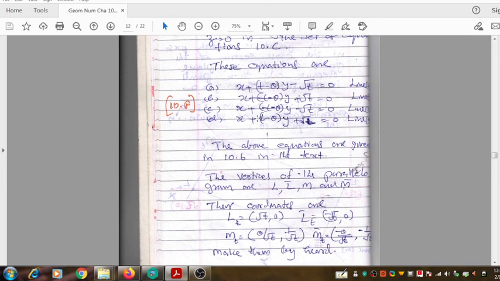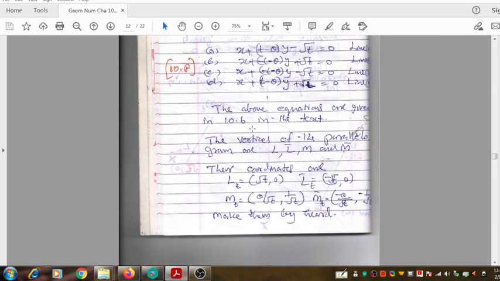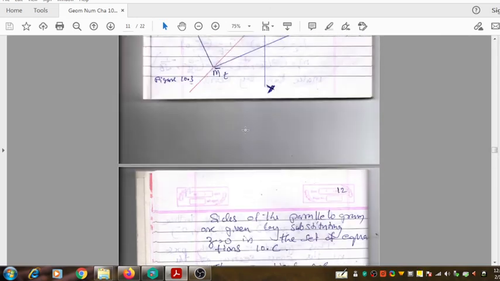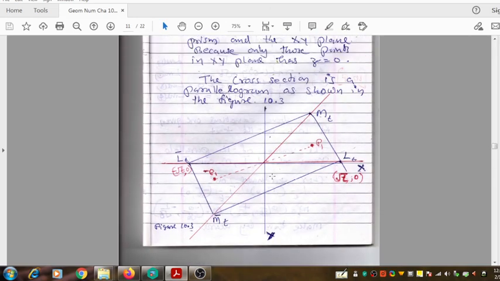So what is the conclusion of our discussion? All this discussion says that if there exists a lattice point inside this parallelogram, it cannot be on the diagonal.